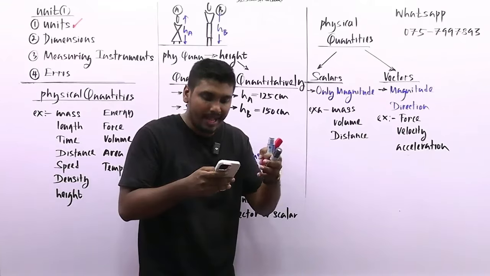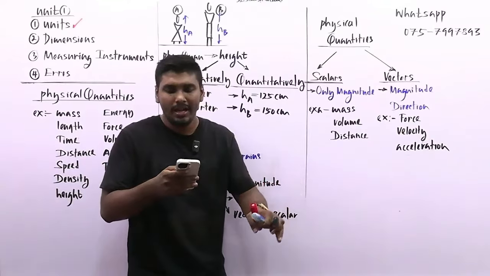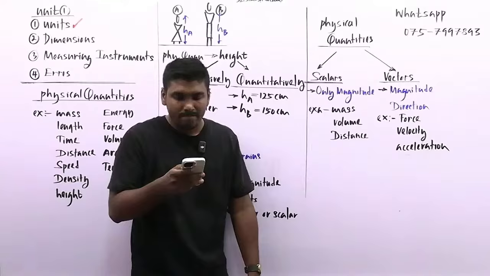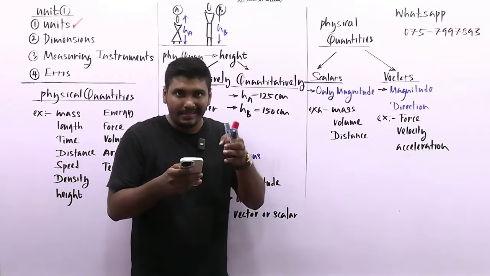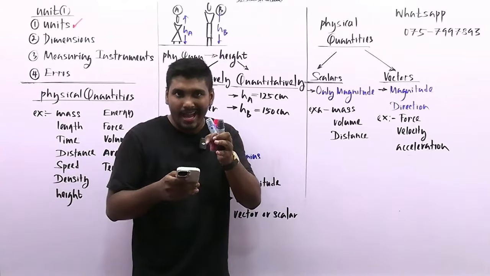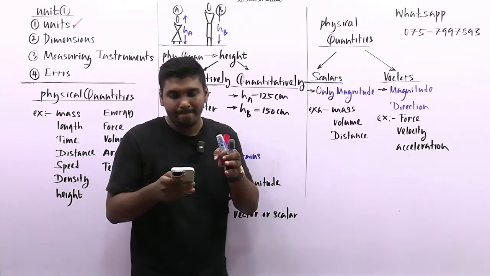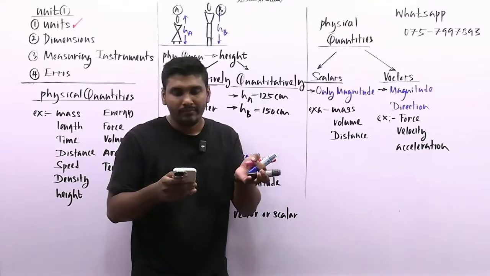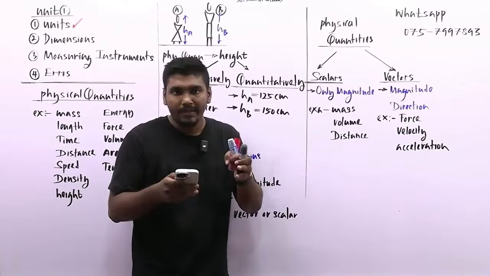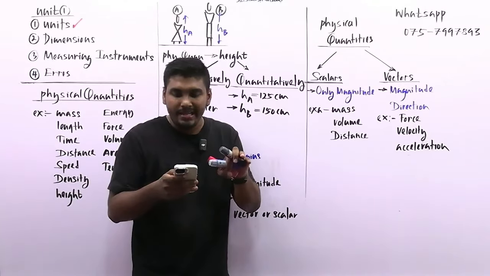External properties of standard units. This is not that much important, but number 1 write down. Availability slash accessibility. Don't worry, I will explain. Number 2 write down, invariability.